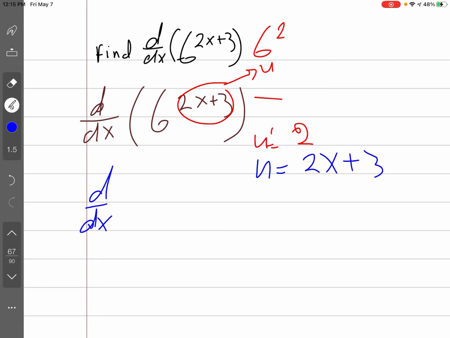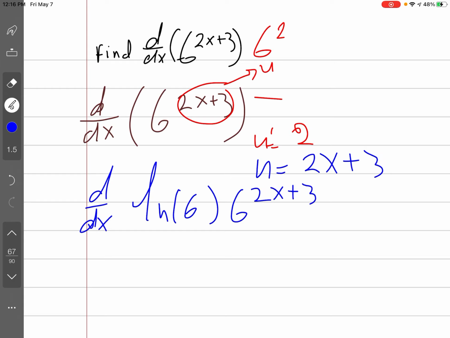Now I have to use separate terms, but it's going to be the same thing. So I have to use d times natural log of 6, close the natural log, because this 6 came from here. I want you to make sure of that. And then the 6 outside comes from the original function, so it's 6 outside to the 2x plus 3 power as the u.